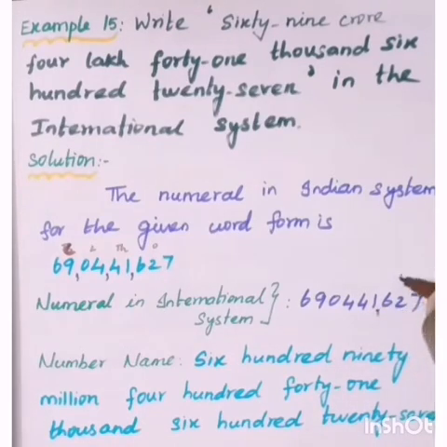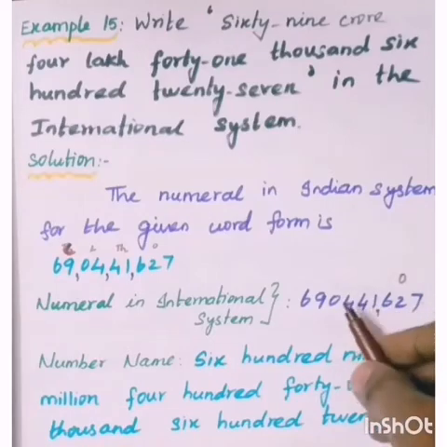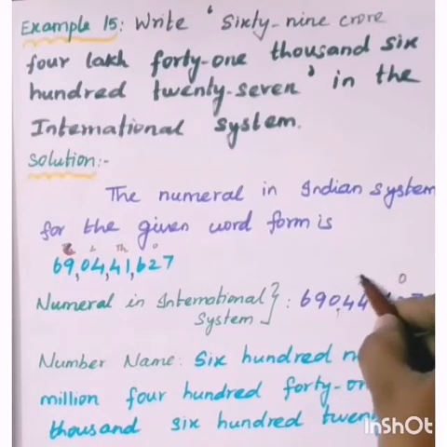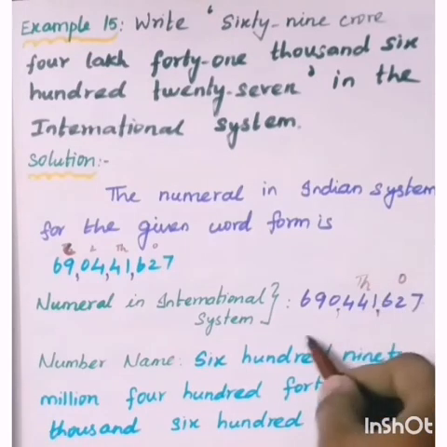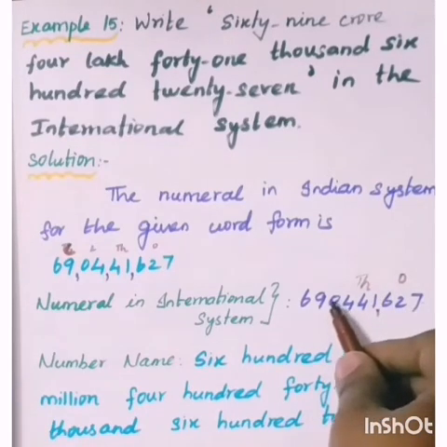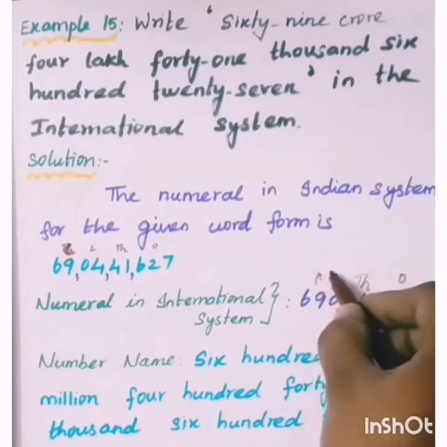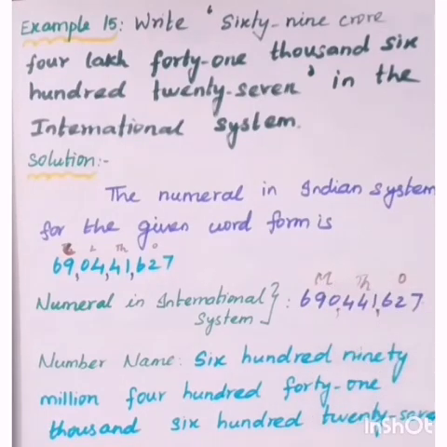This is ones period. Next, thousands, ten thousands, hundred thousands. Put comma here. This is thousands period. Next, million, ten million, hundred million. So you put M here because it is in the million period.